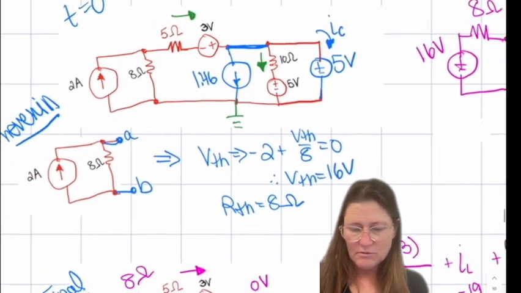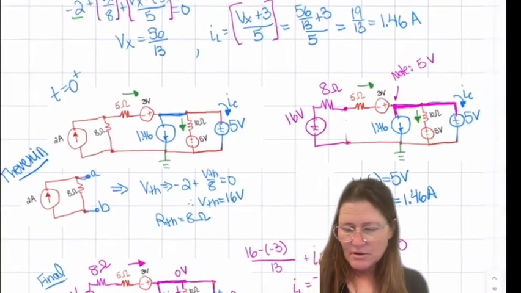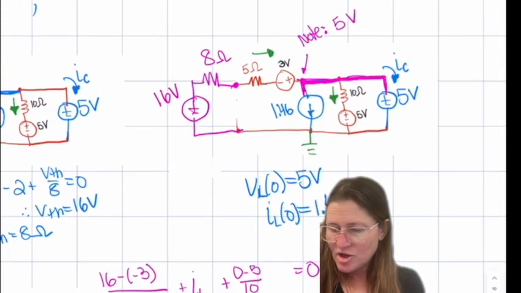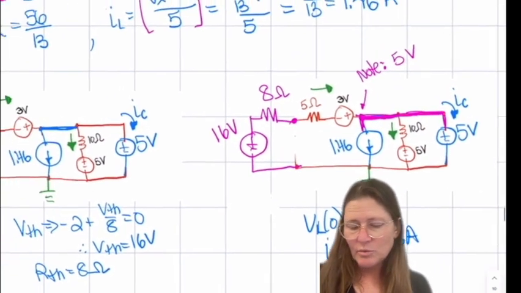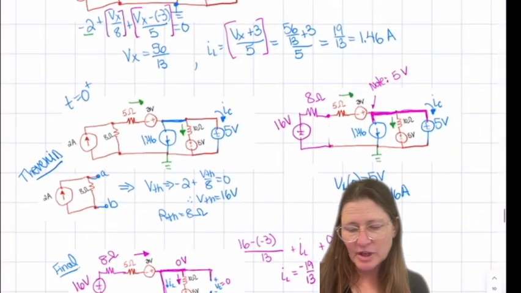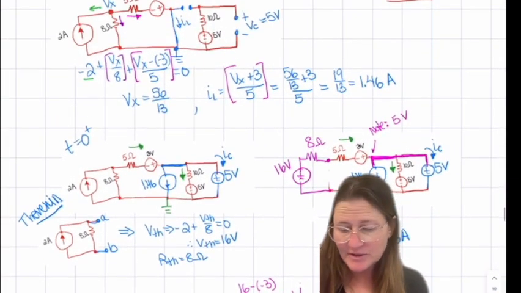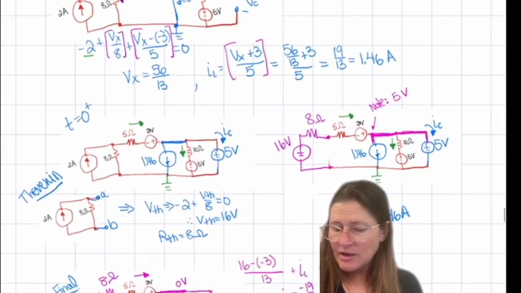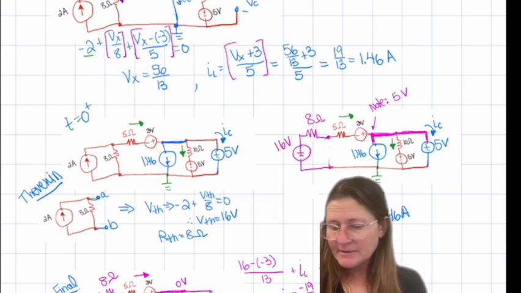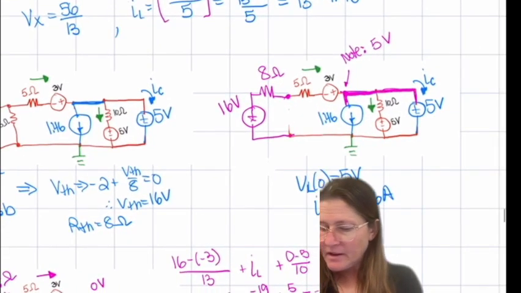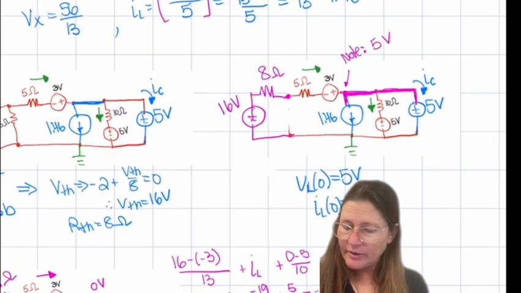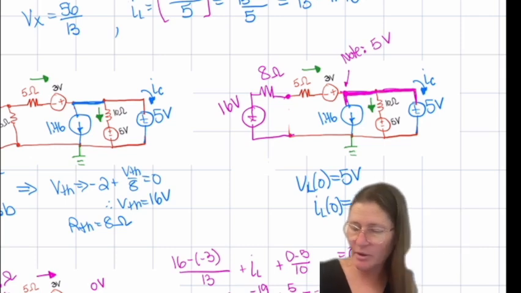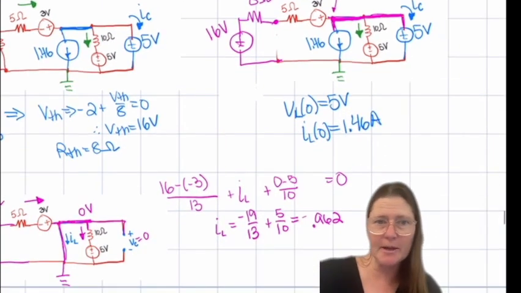And so this one, when you replace them for t equals 0 plus, you use the 56 over 13 and the 1.46. And so those end up giving you a VL of 5 and an IL0 of 1.46, so that will stay the same.